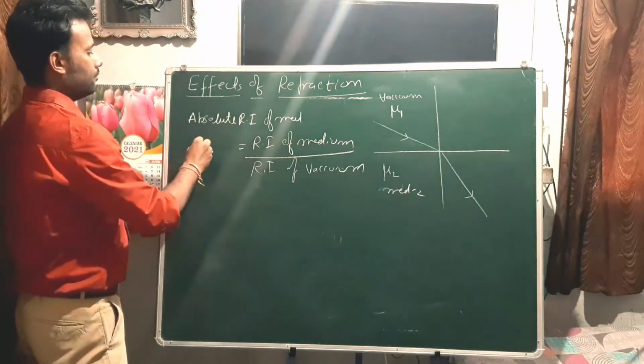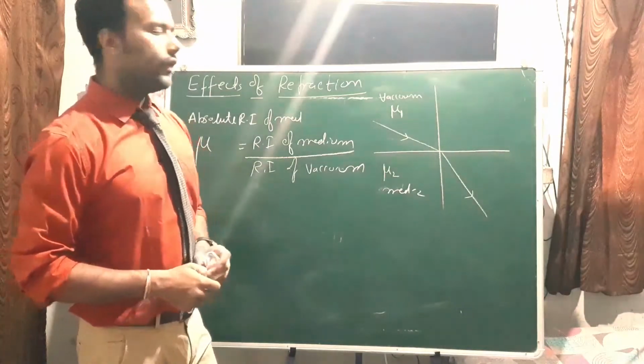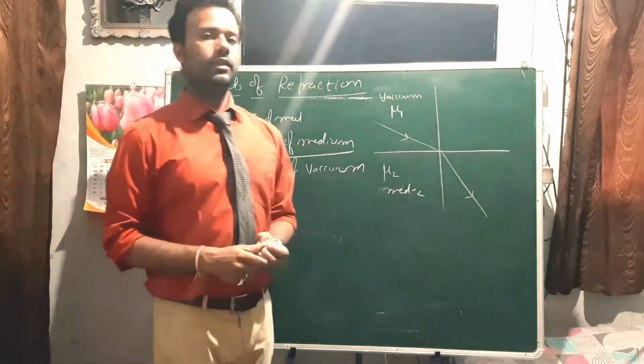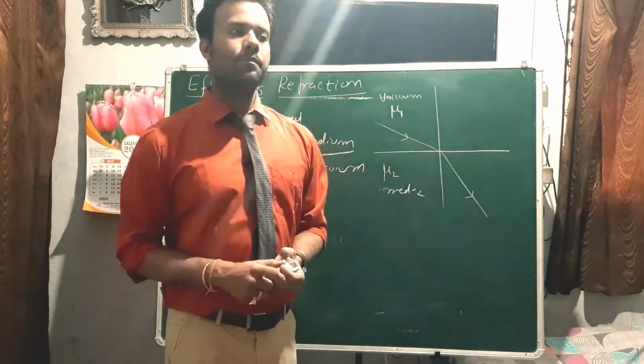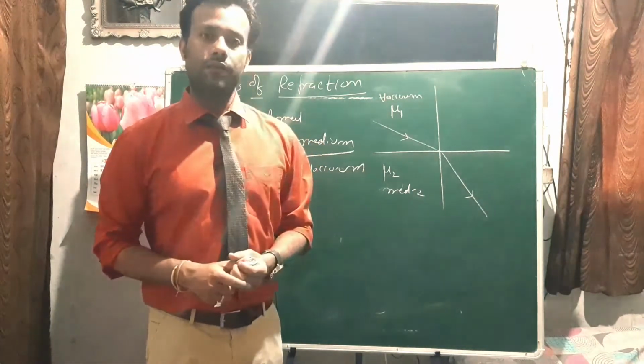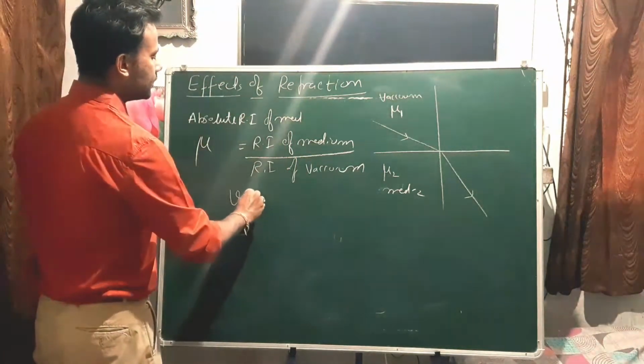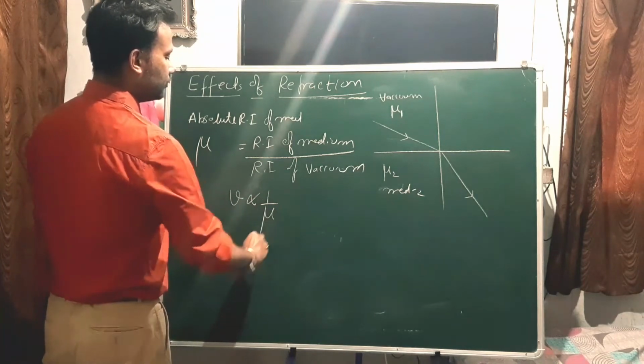That is the mu. Now when I started this topic, I wrote that the speed of light is inversely proportional to this absolute refractive index. Let's continue that. So I've written that V is inversely proportional to mu.